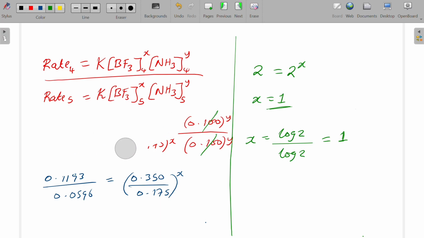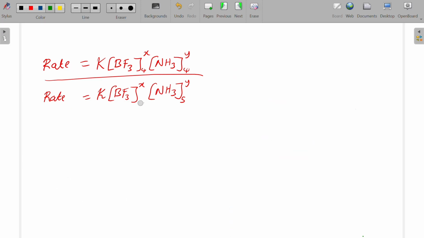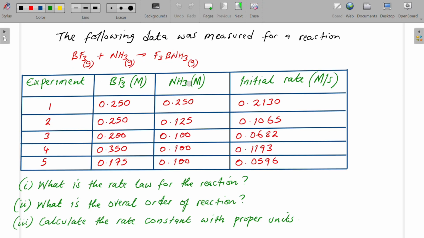We need to determine also the value of y, so allow me to remove this part. I won't change here, I'll just remove the number of experiment we're using, which is 4 and 5, so that we can reuse what we have again.